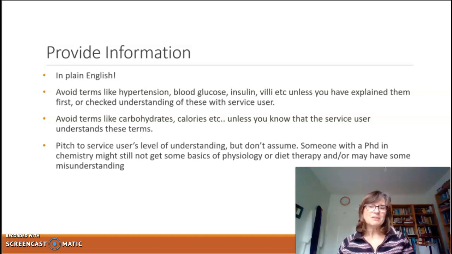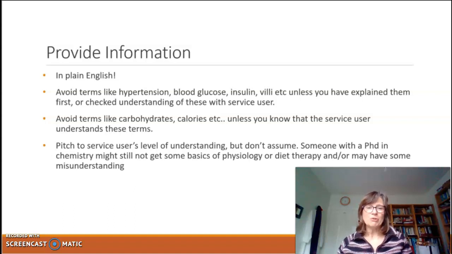But just to give you an example, I once had one of the consultants I worked with as a patient because he had hypercholesterolemia. So he understood what hypercholesterolemia was, but he had not a clue what that meant for his diet. So although I wasn't using everyday language for some of the physiology, I very much was when I talked about how that was going to impact on his dietary intake.